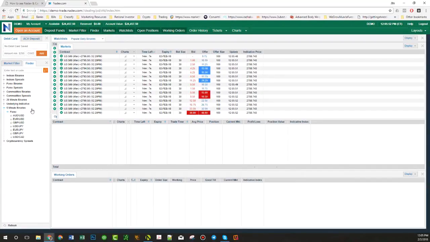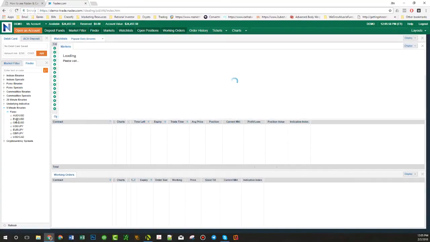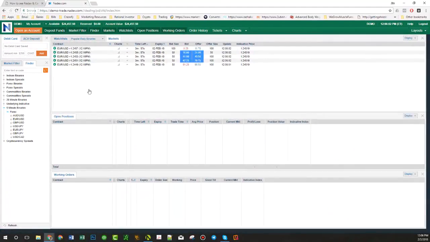This is where I've been practicing. I'm not going to say it's the best way to practice or that everyone should do that. It's all up to your individual risk tolerance. 5-minute binaries are highly risky. If I'm going to trade a 5-minute binary, it's only going to be something that is in the money and has the odds in my favor.